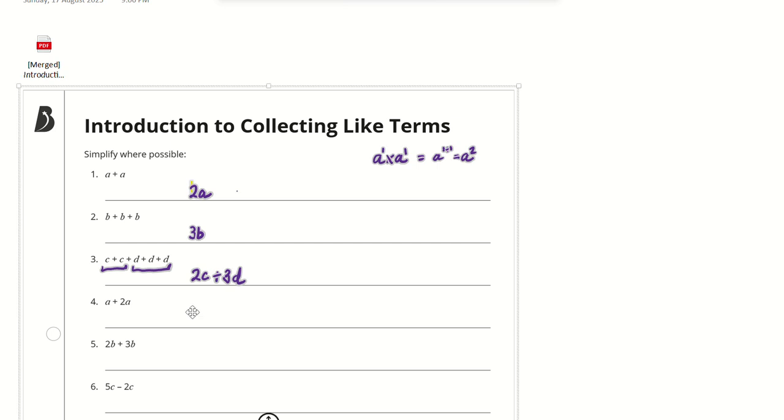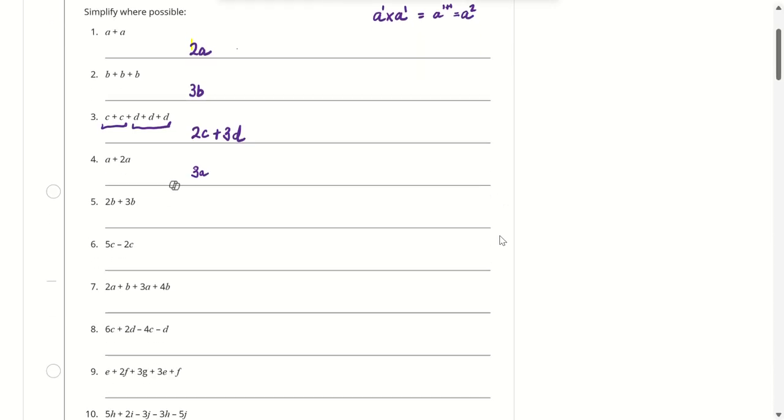If I've got an apple plus 2 apples, I've got 3 apples. 2 bananas plus 3 bananas is 5 bananas. And 5 carrots minus 2 carrots is 3 carrots. Here I've got to collect like terms. 2 apples plus 3 apples is 5 apples. 4 bananas plus 1 banana is 5 bananas.